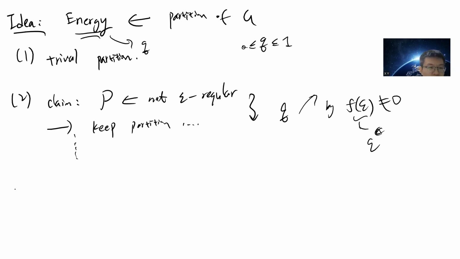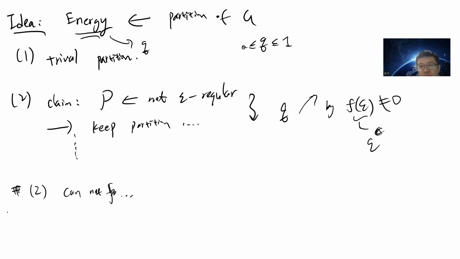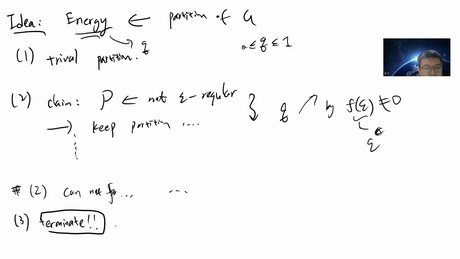Basically this means that the second step cannot go on forever, right? Because your energy starts from 0, and every time the partition is epsilon irregular, you increase your energy by an epsilon to the c amount. So it will terminate. And once it terminates, you can bound the number of parts by a function of epsilon.